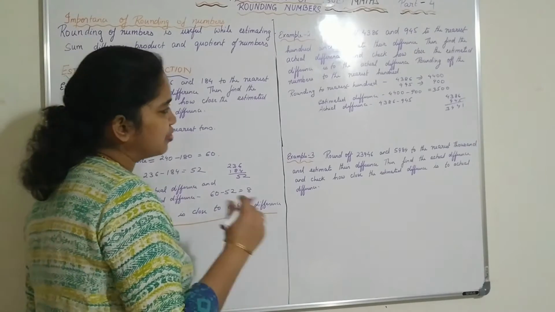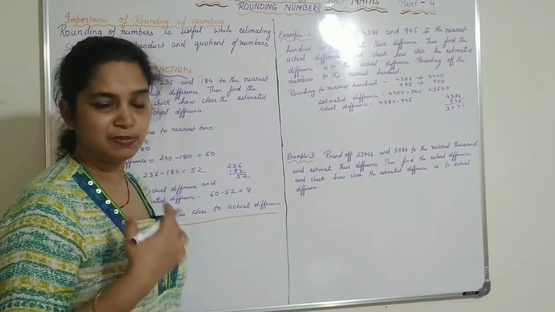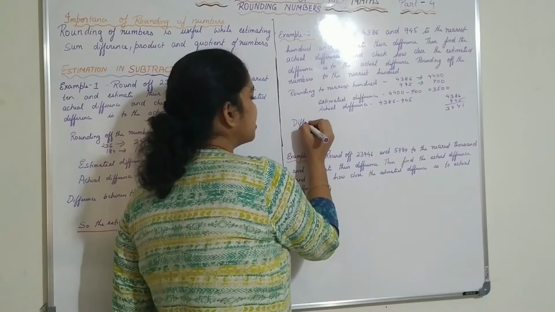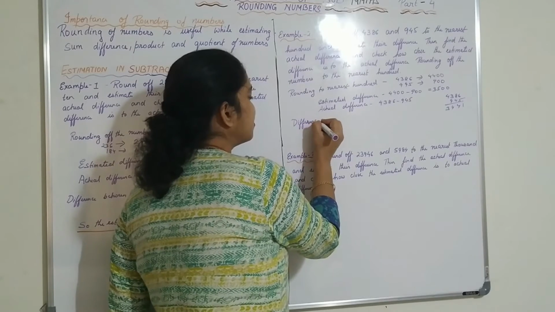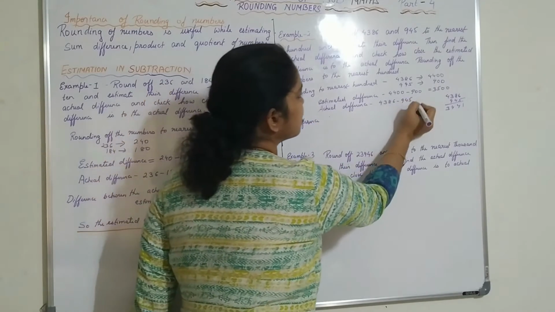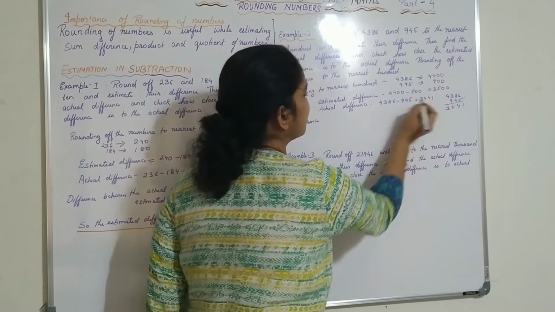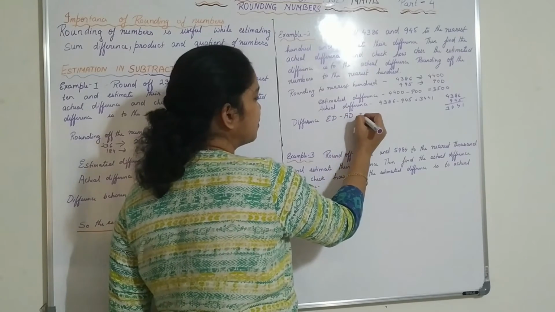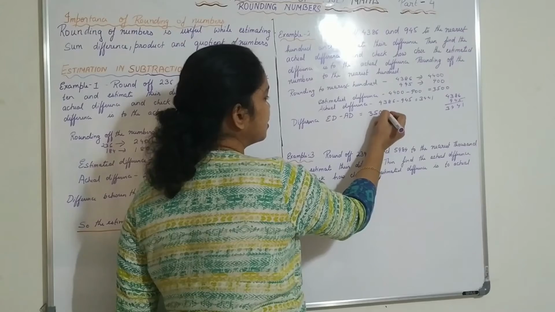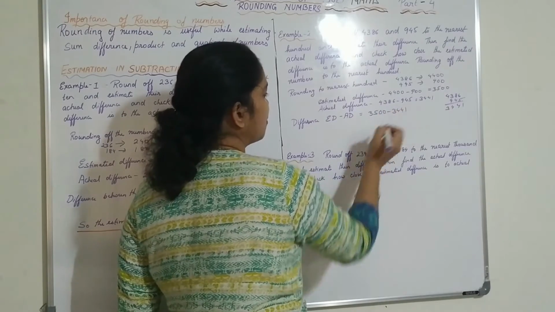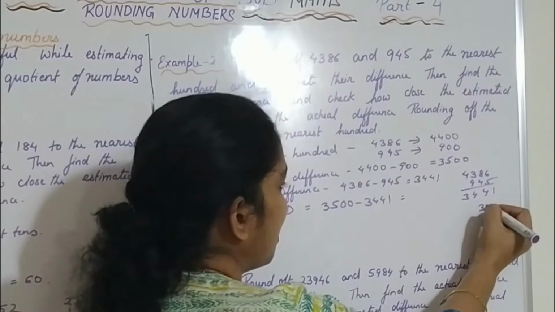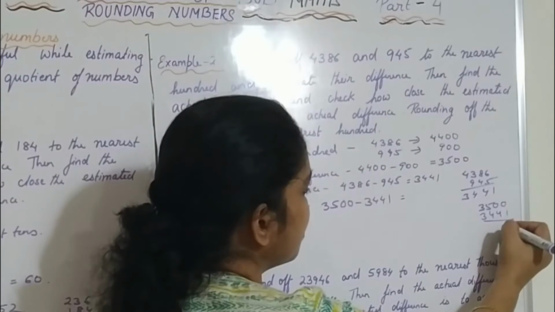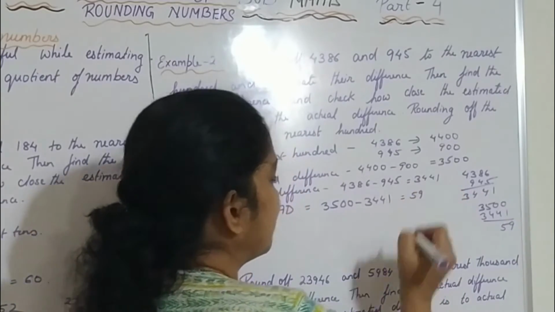Now we have to find the difference between the estimated difference and the actual difference. It will be 3500 minus 3441, which is equal to 59.